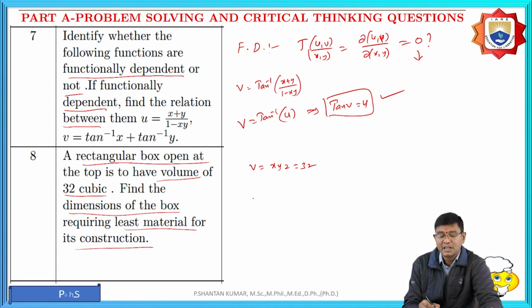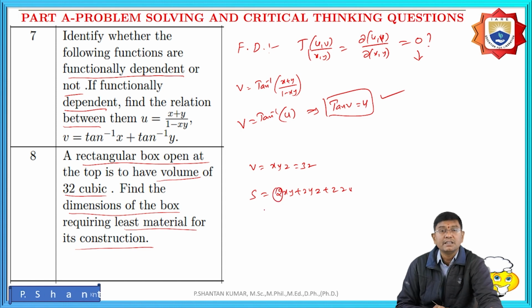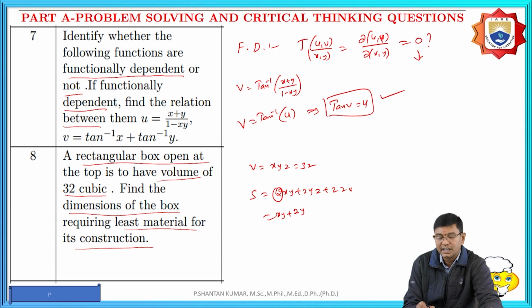The surface is 2xy plus 2yz plus 2zx, but since one side is open, we assume it is xy plus 2yz plus 2zx.